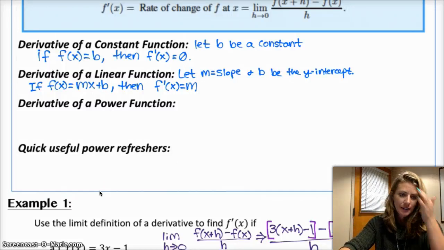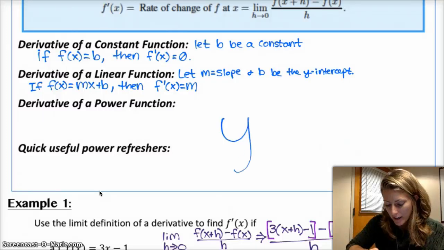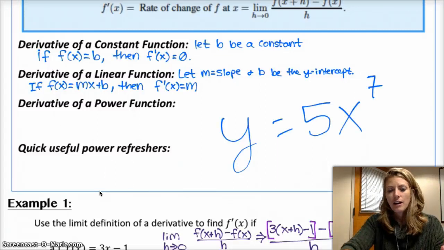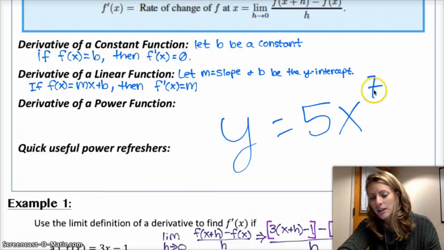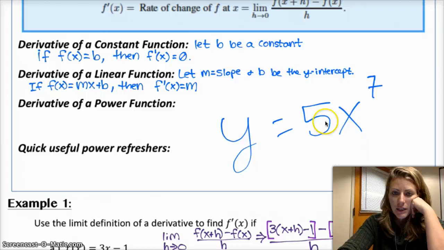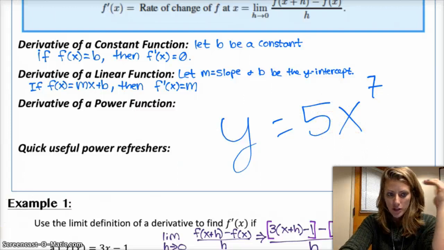For example, y equals 5 times x to the 7th. That's a power function because you have a power on x. There's a constant out front, which would just be a vertical stretch or compression. But generally speaking, this is the general form of a power function.